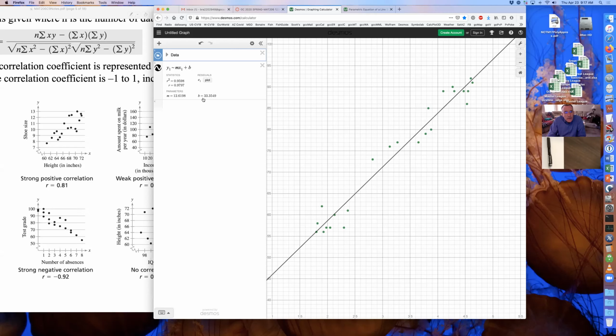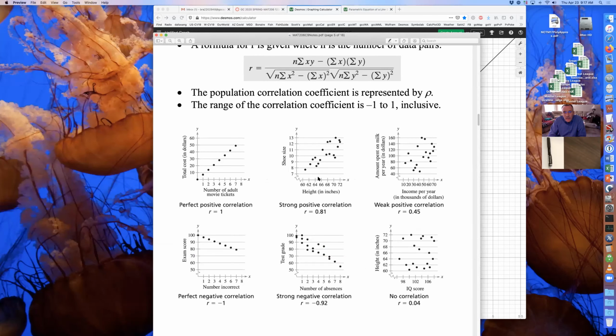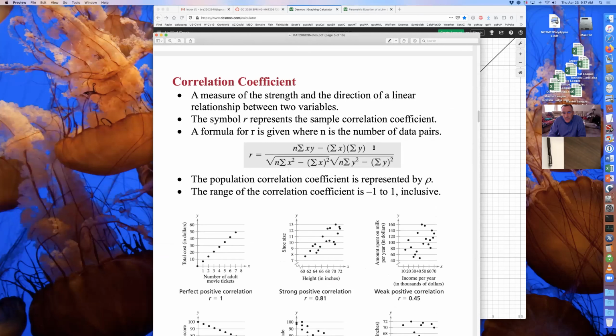Now, check this out right up in here. R equals 0.9797. The R here is going to be the same R that they're going to ask you to calculate with this big messy thing that nobody actually does anymore because Desmos does it for you.